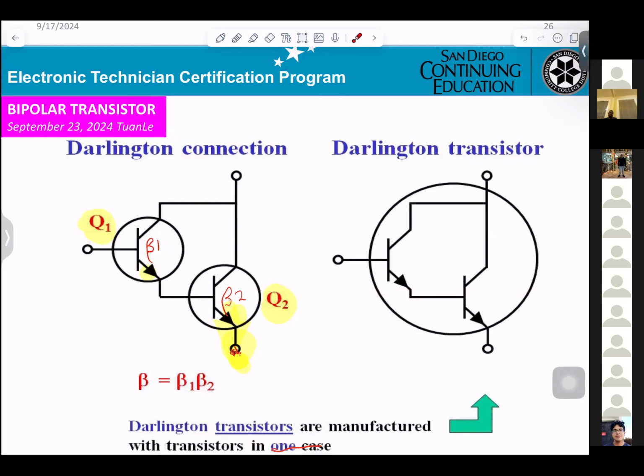That means cutoff and saturation. Or you can use the transistor to make an amplifier. That means they amplify your voice. Okay. Then it will be an amplifier.